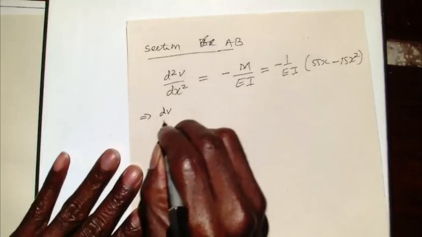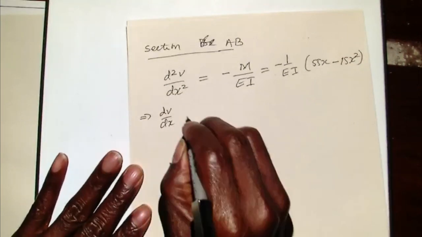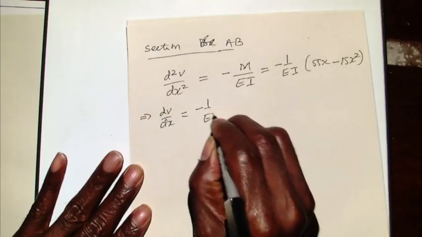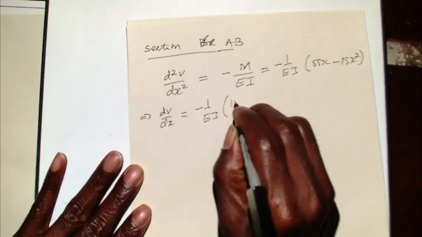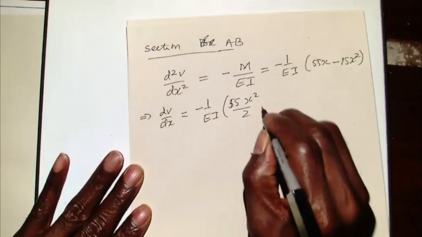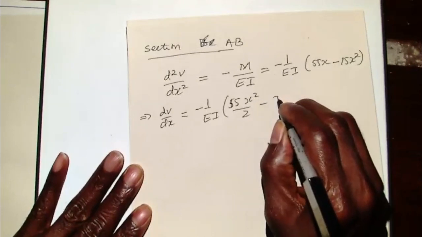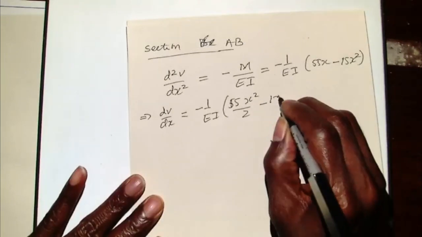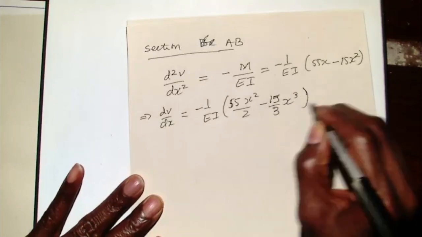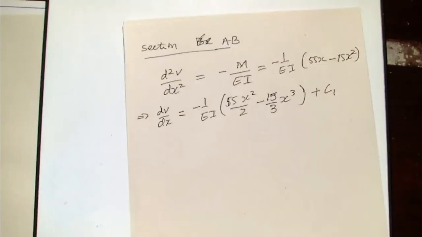So dv/dx, doing the first integration, equals minus 1 over EI times 55x squared over 2 minus 15 over 3 x cubed plus C1. And then we do the second integration.